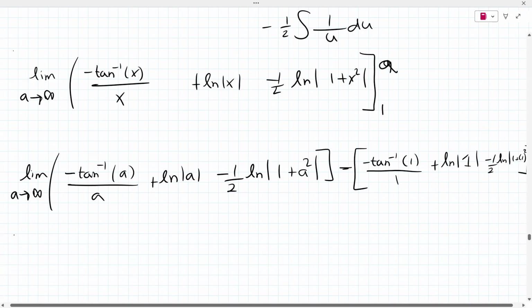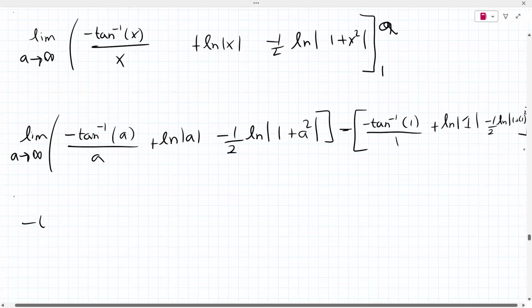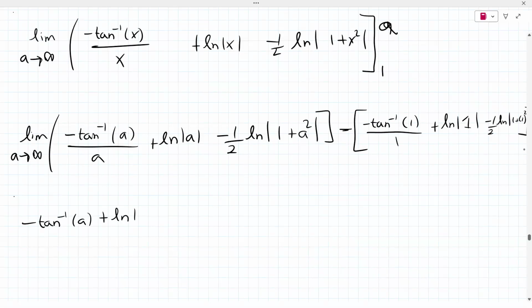And that's going to give you, and then let's see the tan, so it's minus, and we know that the tan inverse of 1 is pi over 4, and then there's a minus, so it's going to be a negative and negative, positive.